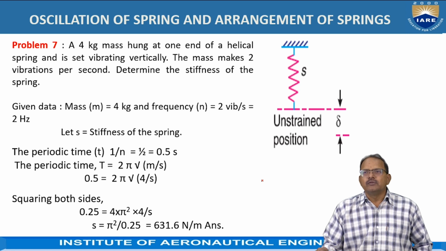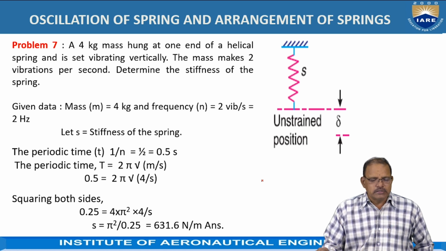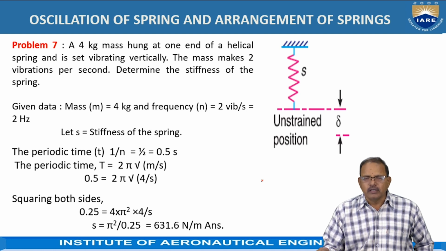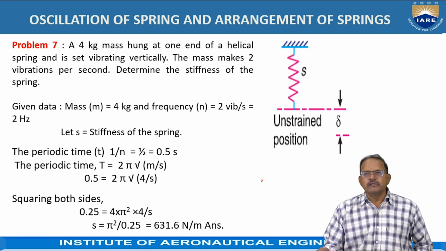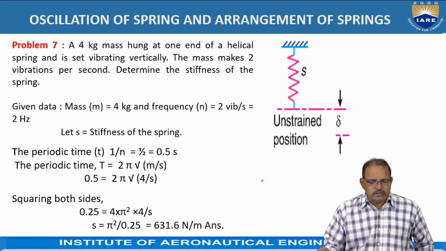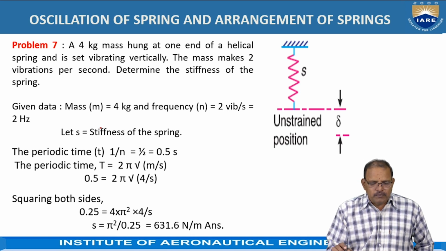Now the problem related to the spring. A 4 kg mass hangs at one end of a helical spring and is set vibrating vertically as shown in the figure. The mass makes 2 vibrations per second. Determine the stiffness of the spring. The given data: mass suspended at the end is 4 kg.